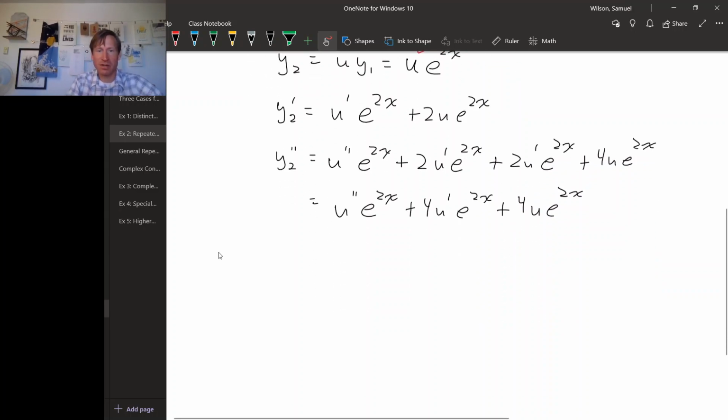Now we need to plug all of this into the original differential equation, y double prime minus 4y prime plus 4y equals 0.